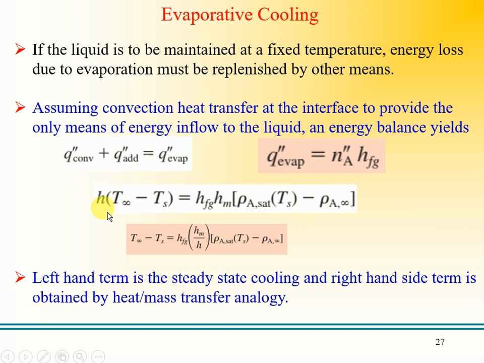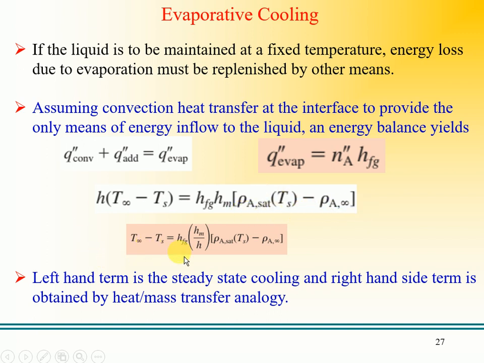By convection, h(T_infinity minus T_s) is equal to h_fg multiplied by h_m. Here h_m is the convective mass transfer coefficient, times rho_A at saturation, T_s, minus rho_A at infinity. That is the heat convected, and that is the heat evaporated. So I put h_fg and N_A, and N_A is equal to h_m(rho_A at T_s minus rho_A at infinity).